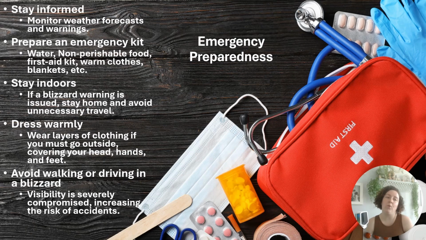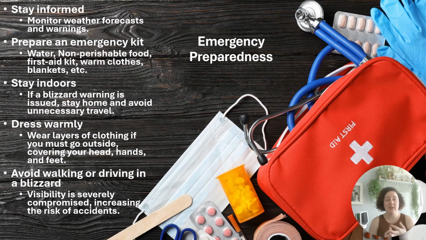So this would be water, non-perishable foods, first aid kit, warm clothes, blankets, etc. We kind of do that without even thinking. We may not have a specific tote set off to the side for this, but your grown-ups will make sure that they have plenty of fluids around the house. Non-perishable foods, the amount of Takis and Doritos and stuff like that you probably have in your house on days where you know we might be getting a snowstorm.